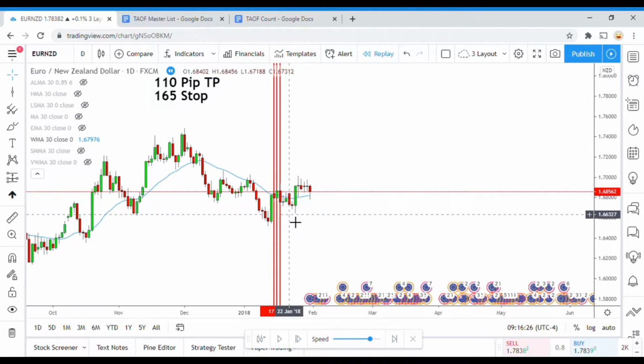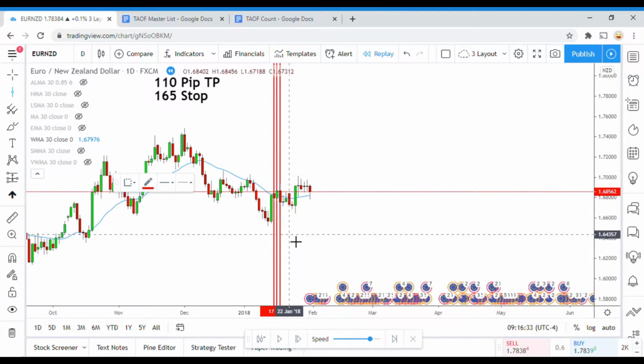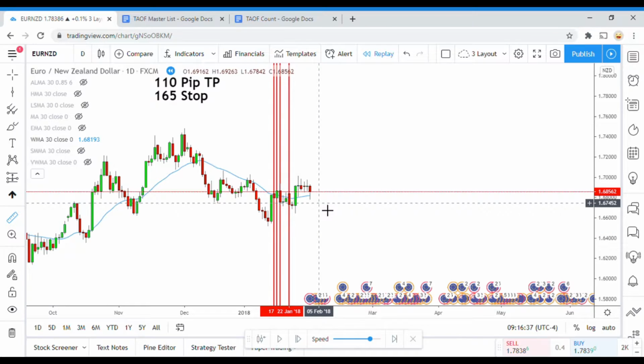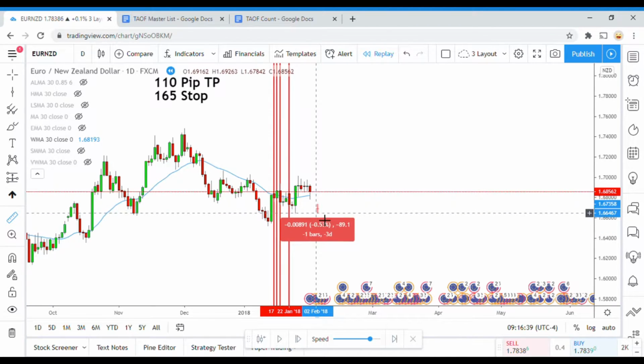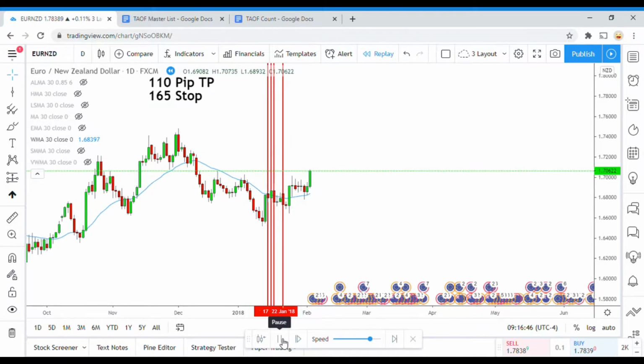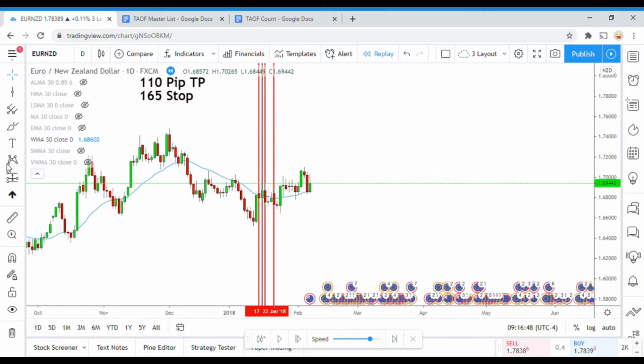Then on that one, did the same thing. It opened above, came back down. Don't think that made it. No, it did not. Then it broke above there. So not a great start for the weighted moving average, I must admit.